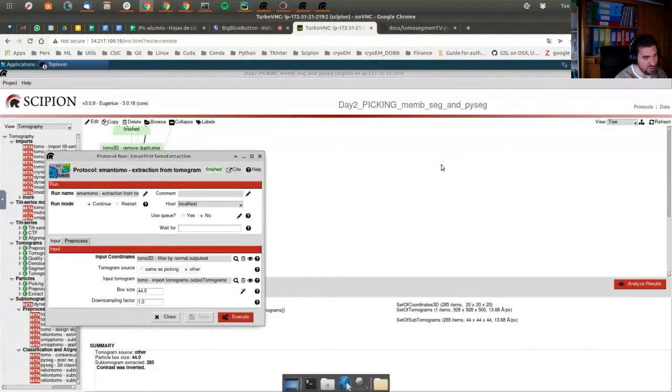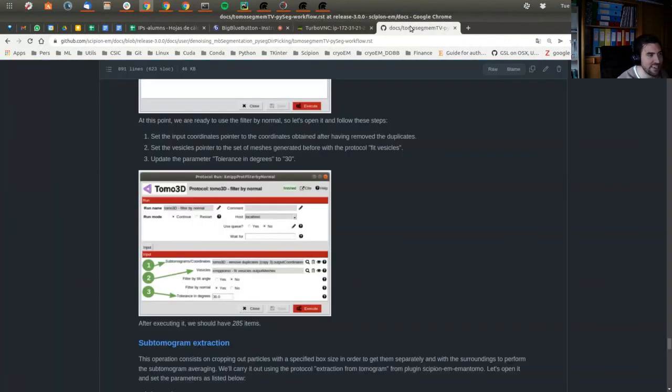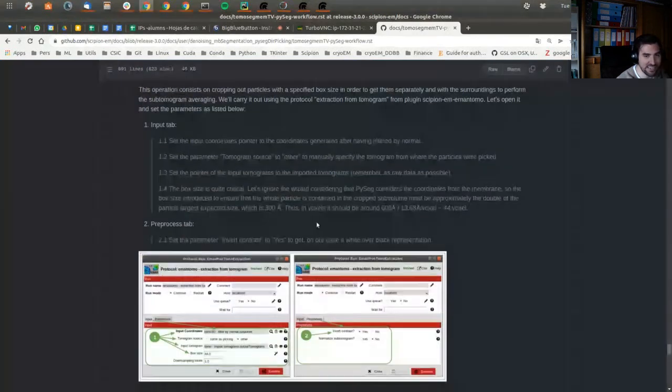We're not going to downsample it. The box size is again determined by something quite critical here, so we are going to ignore the wizard. This is because we are working with Pyseg and how the origin of the coordinate system is referred. It means that the center of the box we are going to define is on the membrane itself.